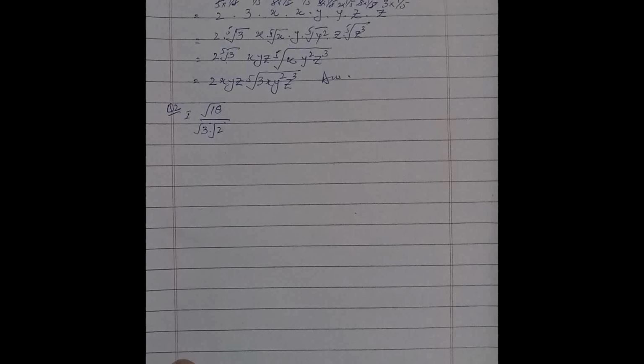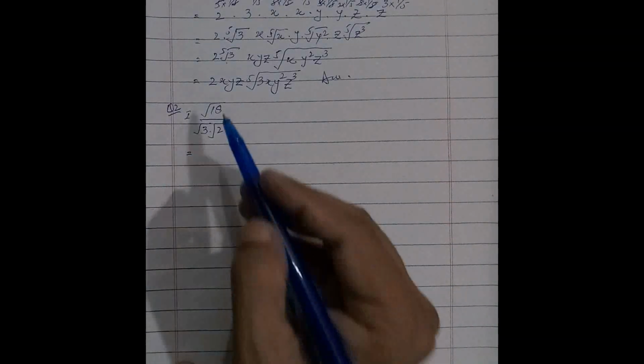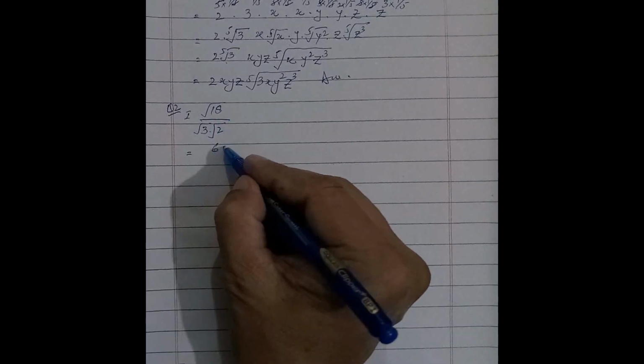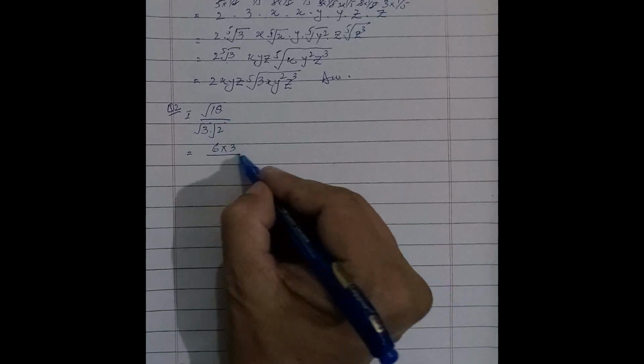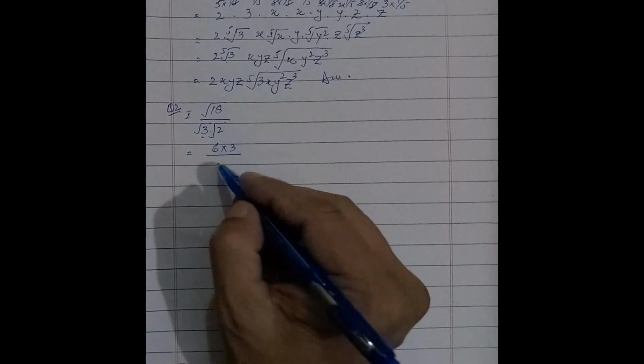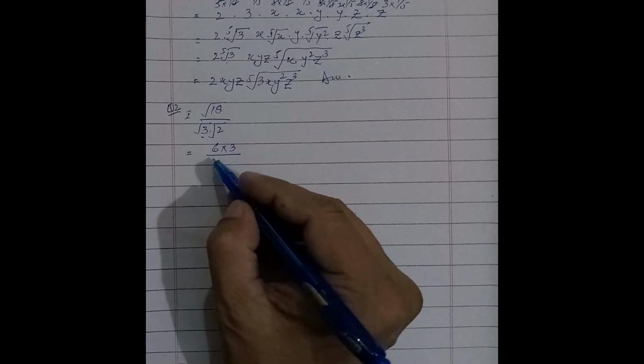Now we simplify it by factorization of the values. 18 means we write it as 6 multiplied by 3 under the square root, over the square root of 6.